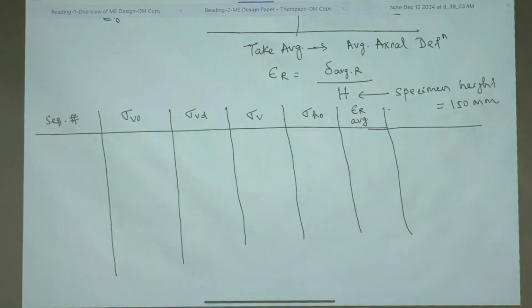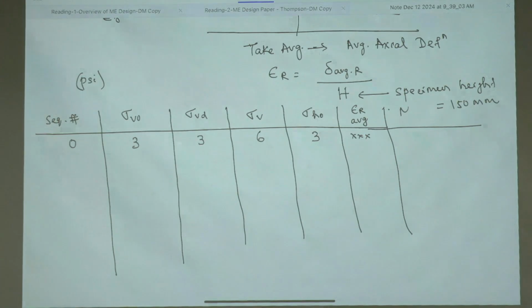So if you do, let's just say sequence number 0, and I'm going to just write it in PSI so that my hand calculations make sense. So your sigma V0 should be 3, this should be 3, this becomes 6, this should also be 3, and then epsilon r is something xxx.